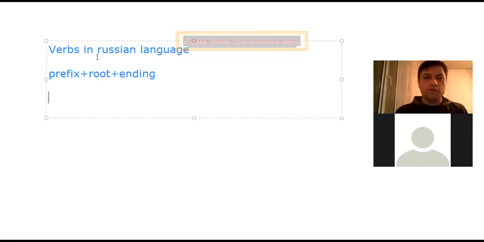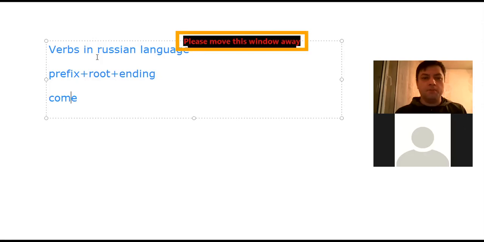I would like to give you an example in English, which is slightly similar to Russian. Come. Please come here. Come. If you add a prefix to come, it immediately has a very different meaning.